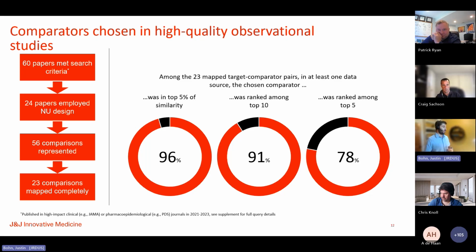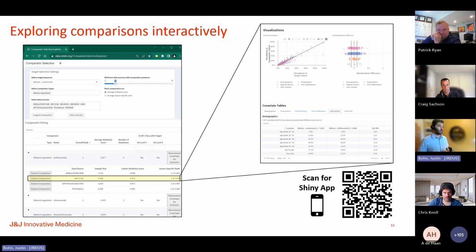This is, again, reassuring. I will also note that along with this evaluation, we have an interactive web application where you can select a target exposure, you can select some setting values for the comparators you want to see, and receive a ranked list of candidate comparators, which you can explore interactively.